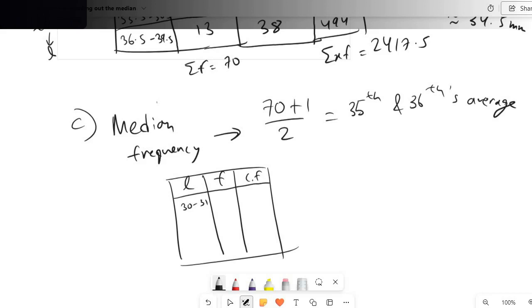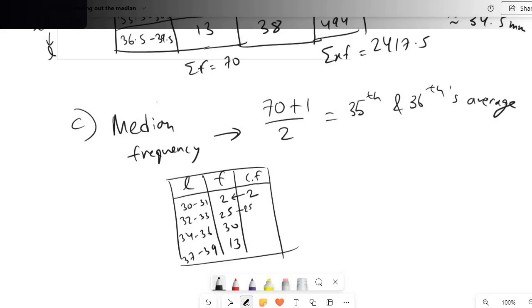So this has a frequencies of 2, then 25, then 30 and 13. And the corresponding L values were 30 to 31, 32 to 33, 34 to 36, and then 37 to 39. For the first one, the cumulative frequency is going to be 2 because that is the initial frequency.